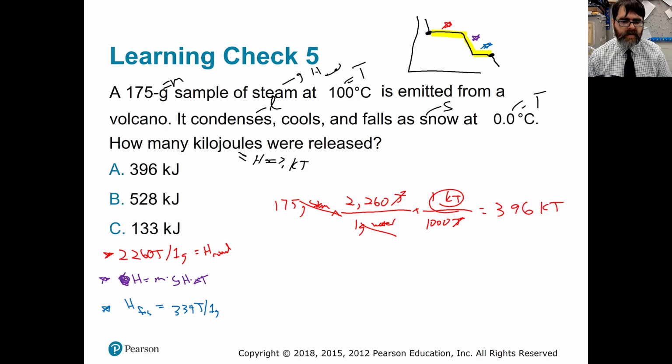Using the heat formula, I labeled it specific heat a moment ago. It probably should have just been heat because the conversion factor there is specific heat. But we have 175 grams times the specific heat, which is 4.184 joules per gram degree Celsius. And that degree Celsius there, having 2 units in the denominator, is part of why the dimensional analysis method is a little bit harder.